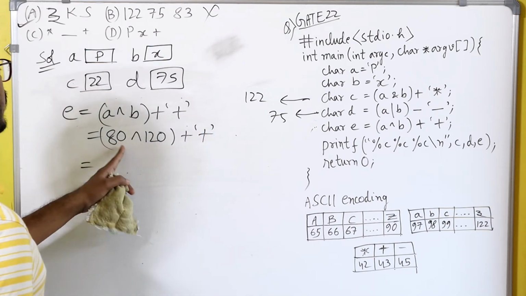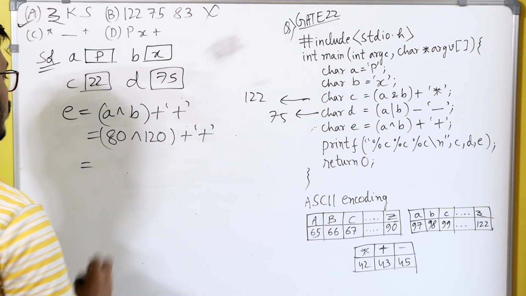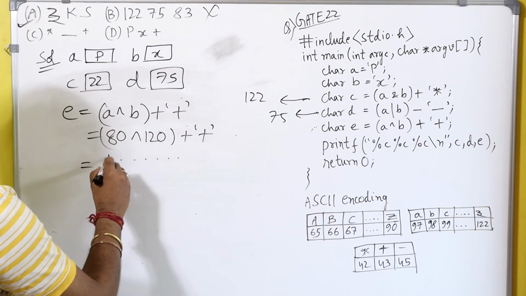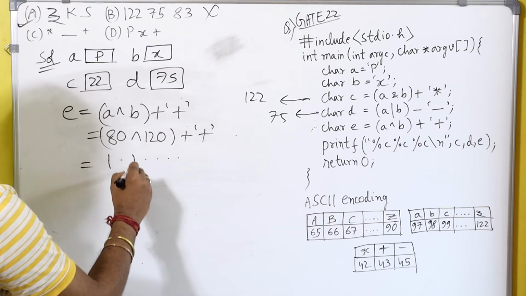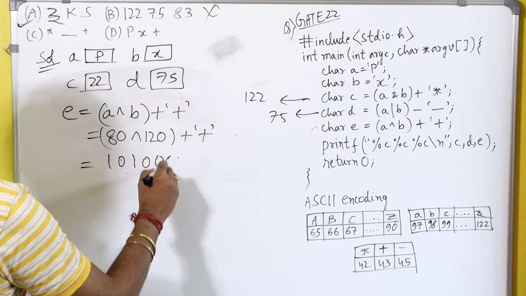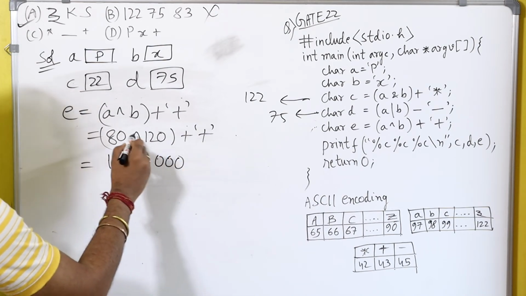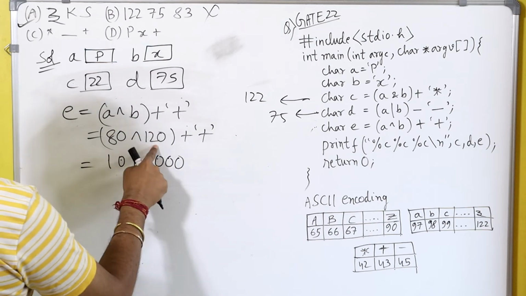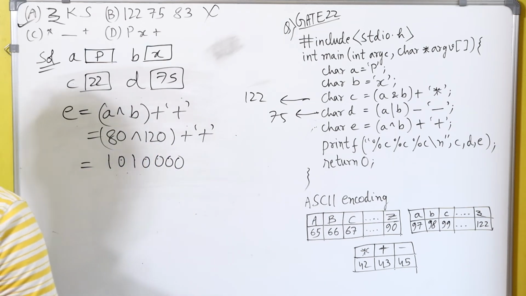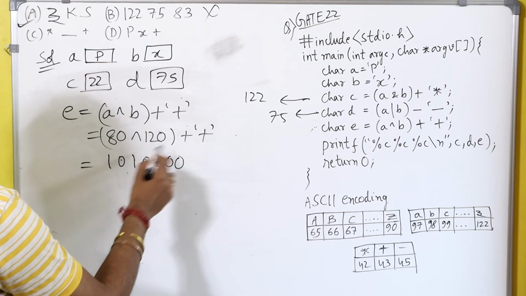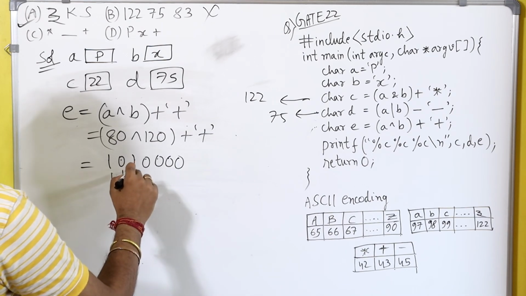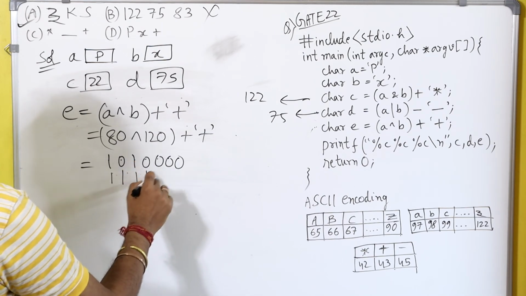So just write the binary value for 80. 1, 2, 4, 8, 16, 32, 64. 1, 2, 4, 8, 16. So this is the binary value for 80, and now the binary value for 120 is what? 64 plus 32, 96 plus 16, 112, this one.